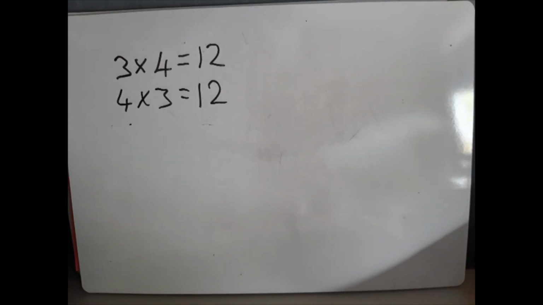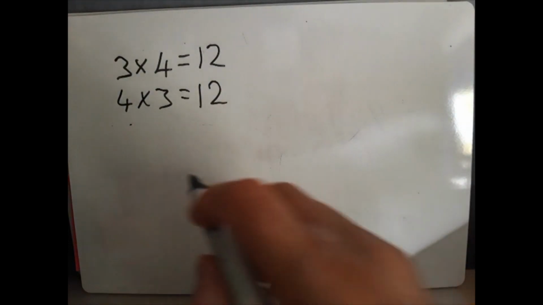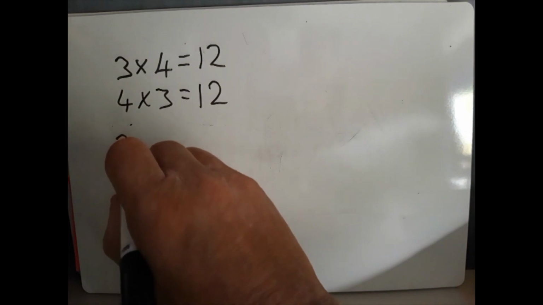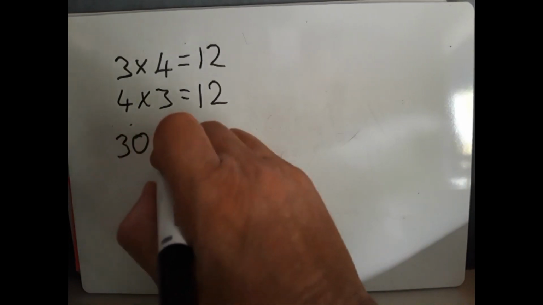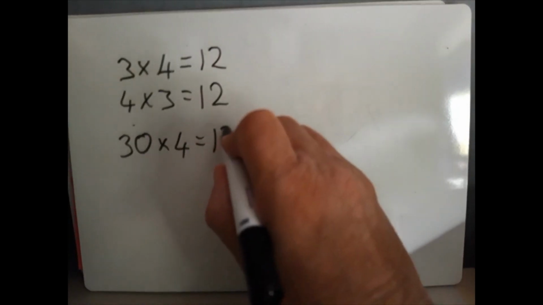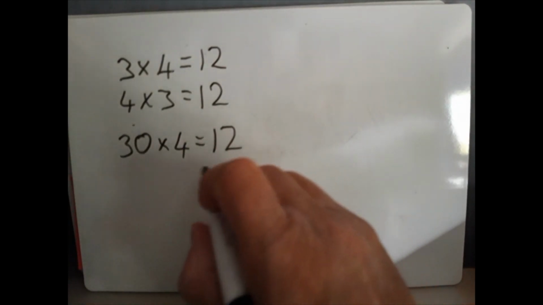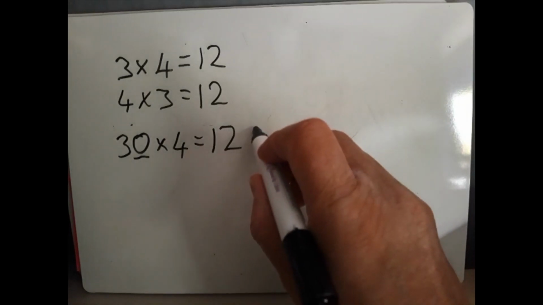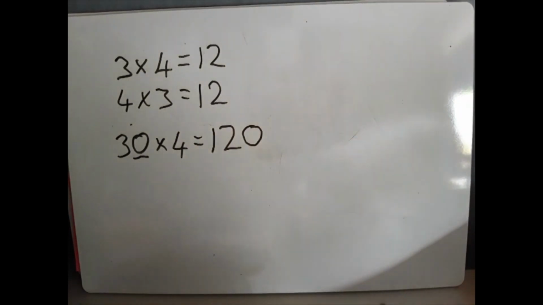But we've also looked at how we can use numbers that are similar to those, but are 10 times bigger. So if, for example, we know 3 times 4 equals 12, we know that 30 times 4 equals a number that's similar to 12, but because we are 10 times bigger here, our multiplication answer will also be 10 times bigger.